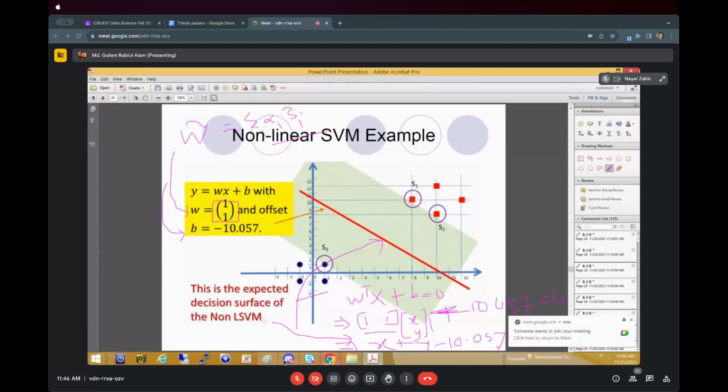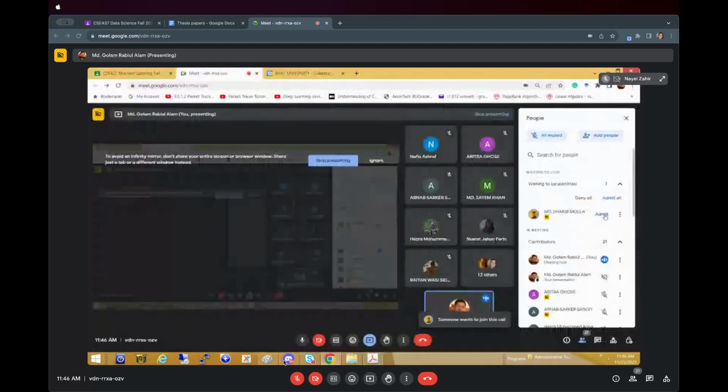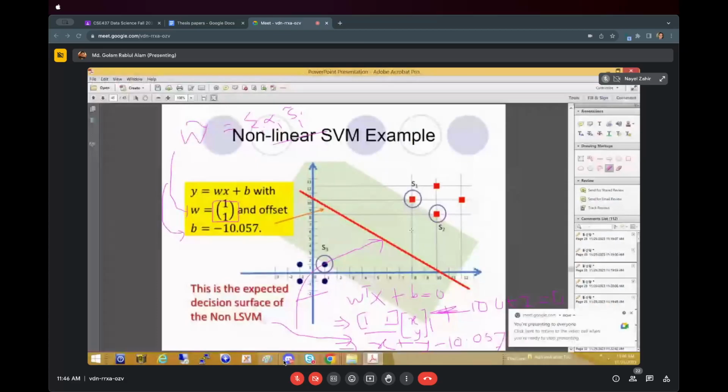I think you know how to draw a line from an equation. Okay, the equation is given, then how to draw the line from the equation. I think we know that. So here is this, and we can see this is our hyperplane, and the support vectors. Now what we have to do next: if we get any point as a test point, then for the nonlinear SVM, at first we need to transform the test point.